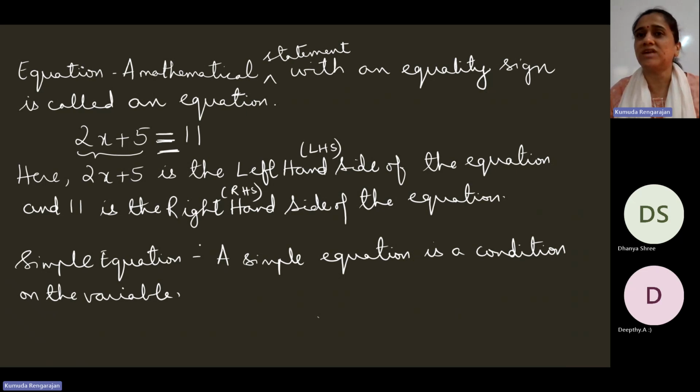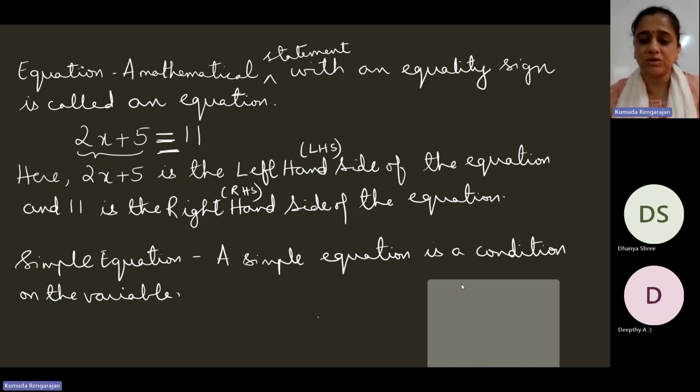So an equation has two sides, the left-hand side and the right-hand side. So here, the expression 2x plus 5 is on the left-hand side of the equation, and the expression 11 is on the right-hand side of the equation. In short, LHS, RHS. All right.